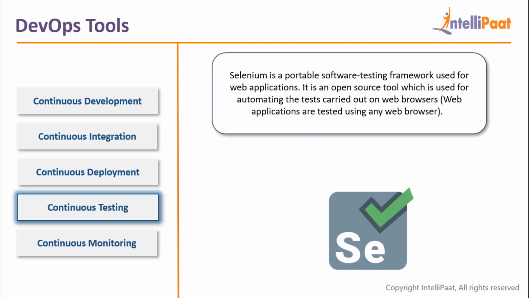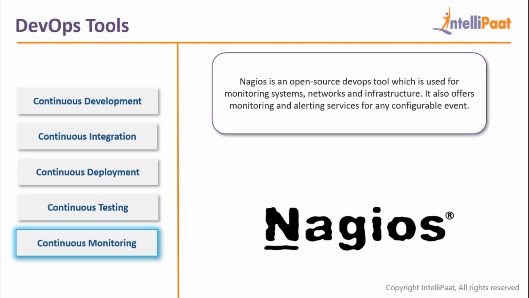Okay, so this was about continuous testing, and next we have continuous monitoring, wherein your application is continuously monitored and the logs are created. Any errors are also monitored, right? All of that is done using Nagios.